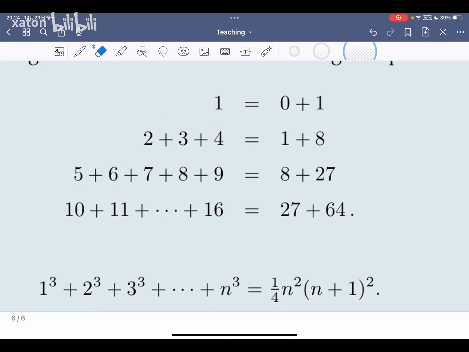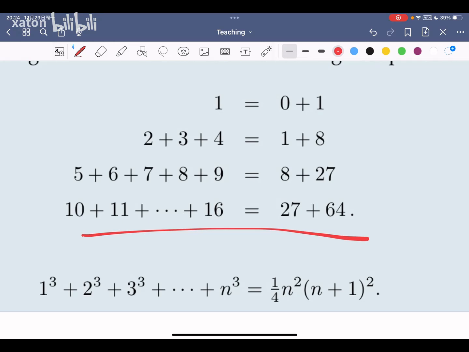It would be obvious that if we add these things up, on the right side we get what we want, but with one n cube missing. So exactly twice what we want, but with n cube missing.